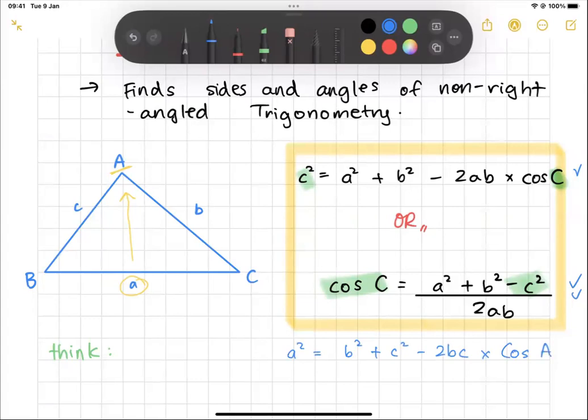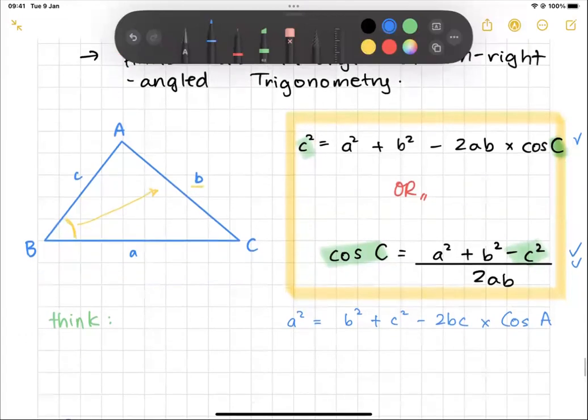Again, if I were to try and find an unknown angle, let's say angle B, that means it must correspond to the side b. Therefore, my formula will tweak.